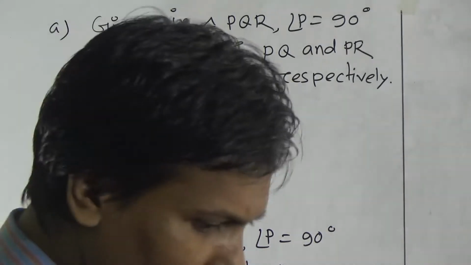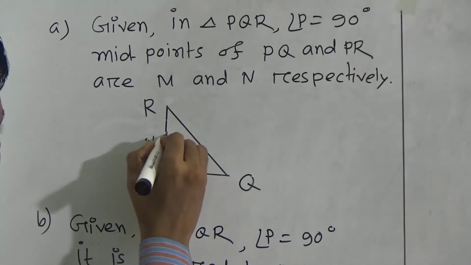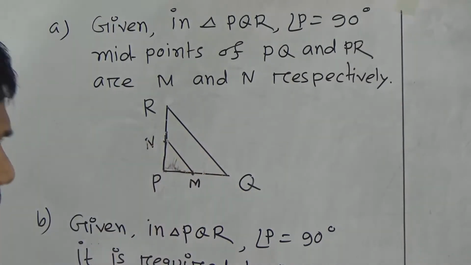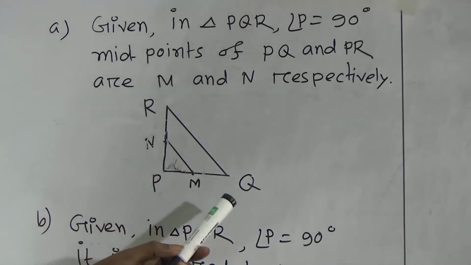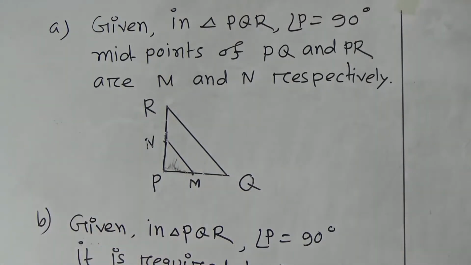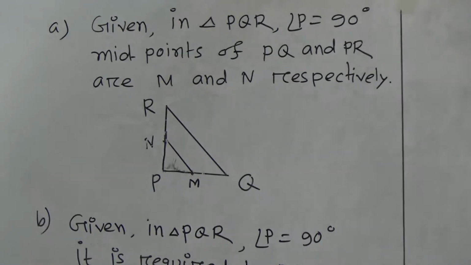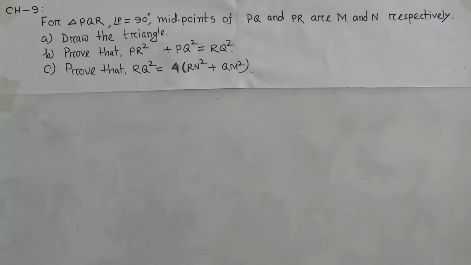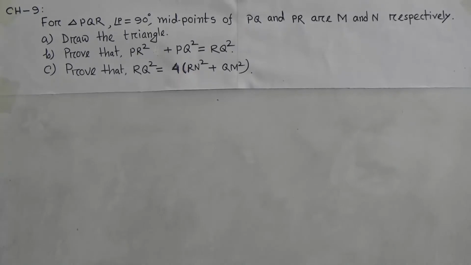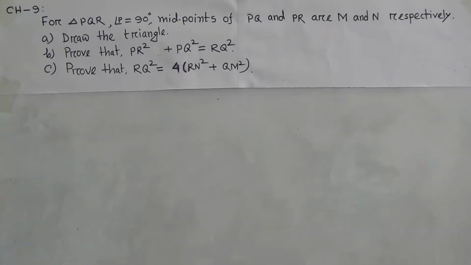Okay, dear student. According to the description, this is the required triangle, or this is the required figure. Now you see question number B, prove that PR square plus PQ square equal to RQ square. Okay, so at first you have to write what information is given.